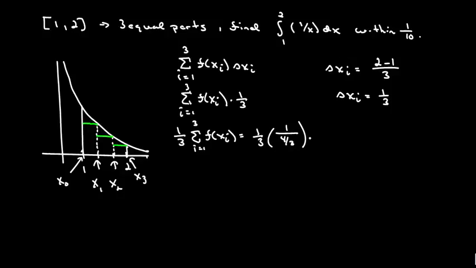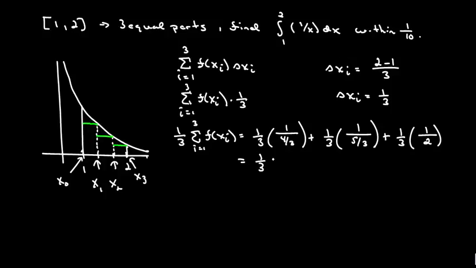Now the next one is 1/3 for its base length, and then 1 over 1 2/3, which is 5/3. And then the next one is 1/3 of a length, and its height value is going to be 1 over 2.